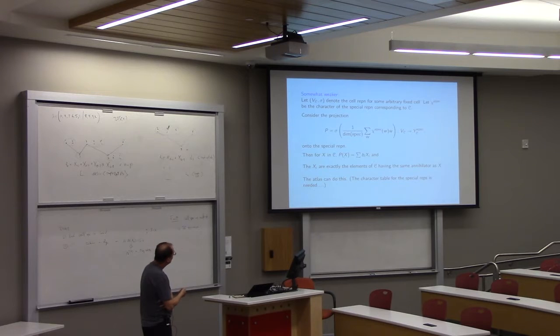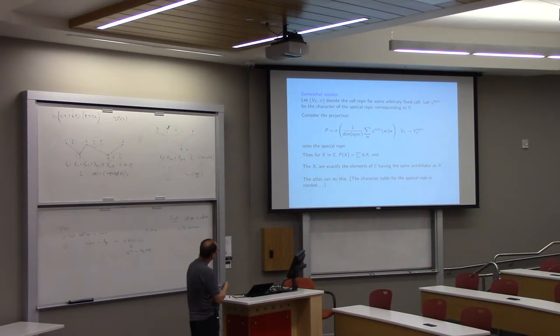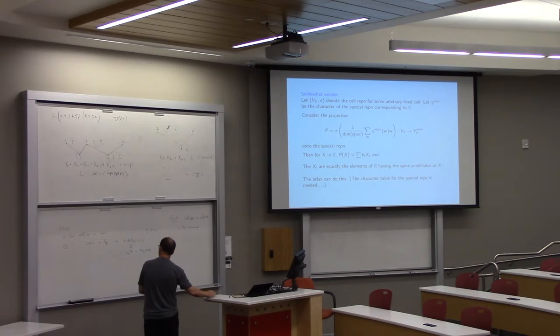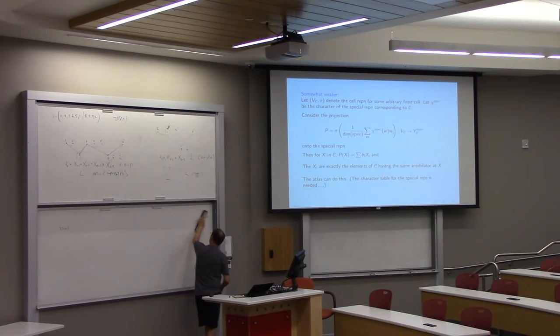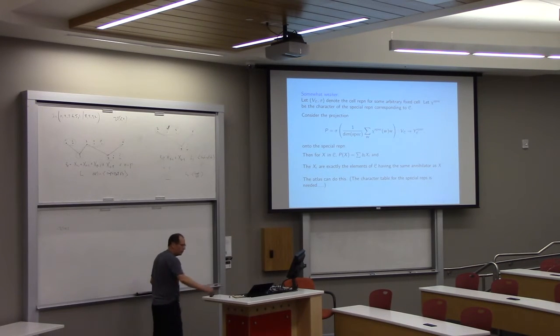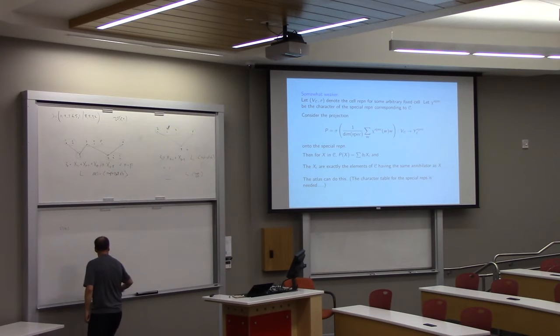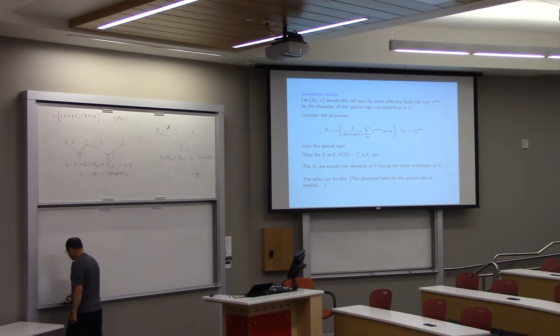And what you can do is take the character of the cell representation, and then, maybe this is kind of dumb and not very efficient and so forth, but you could take the character of the cell, I'm sorry, the character of the, how about I call it sigma sub c, for a fixed cell.